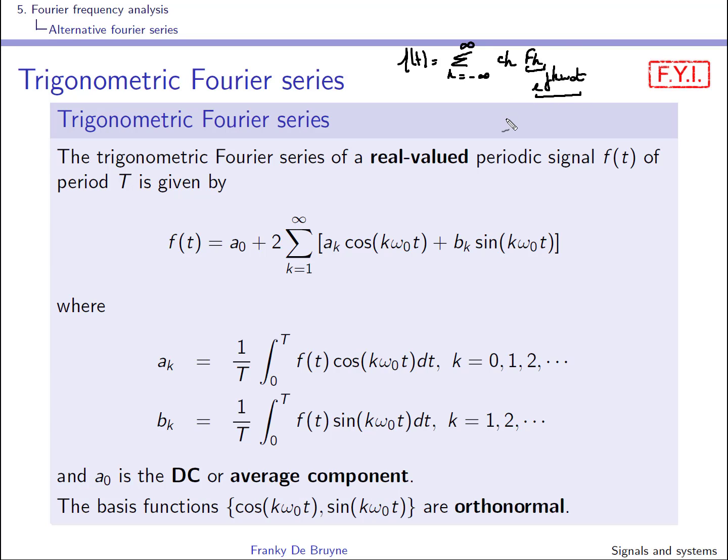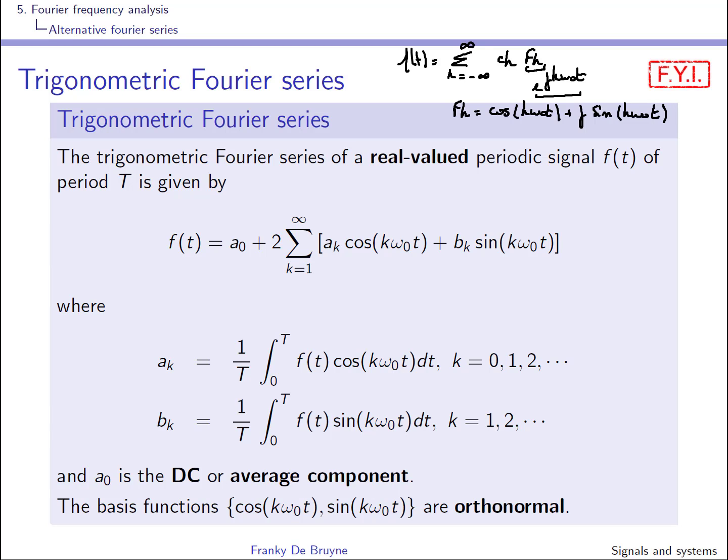And the reason why we have used this Fourier series is that it makes the link with the Laplace transform and the Fourier transform. As you know, this can also be written as cos k omega 0 t plus j sine k omega 0 t, right?